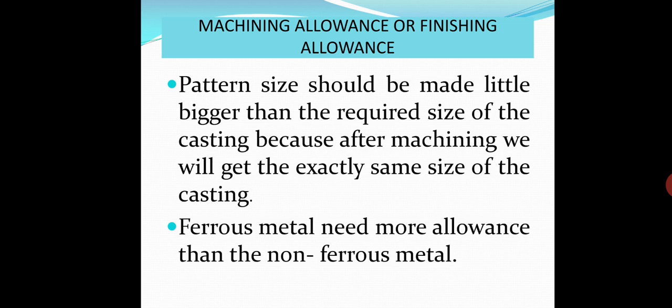So considering this metal removal, the pattern size should be made a little bigger than the required size of the casting, because after machining we will get exactly the required size. Ferrous metals need more allowance than non-ferrous metals, considering machining allowance.